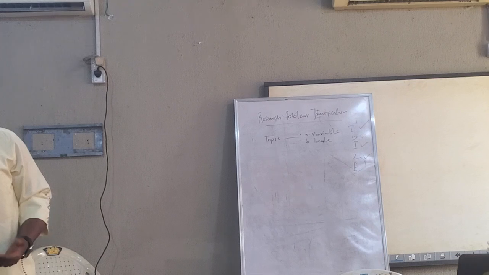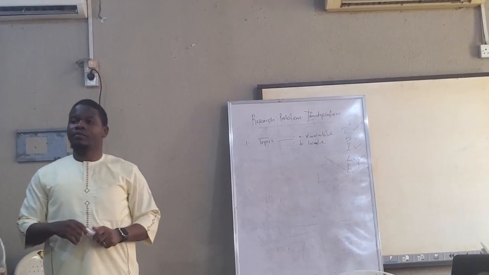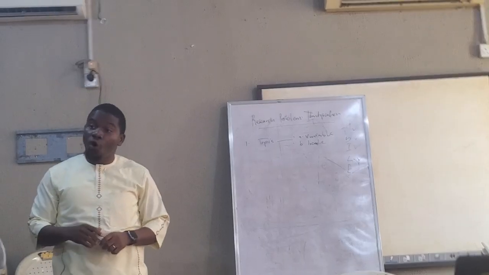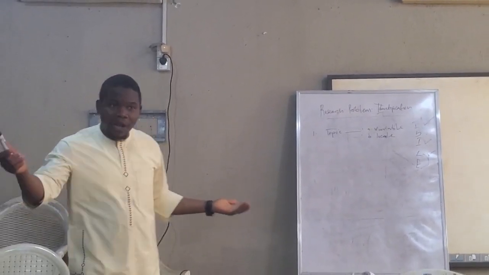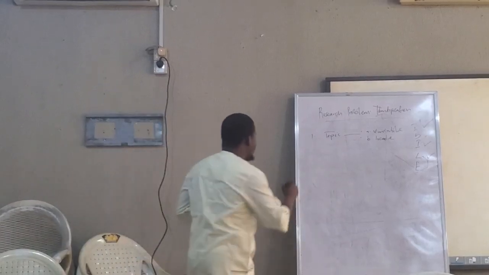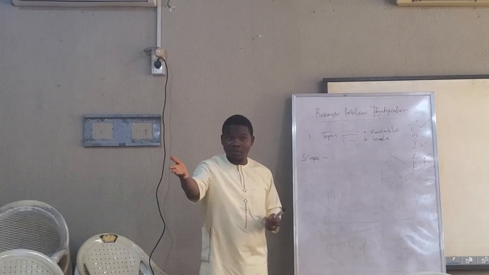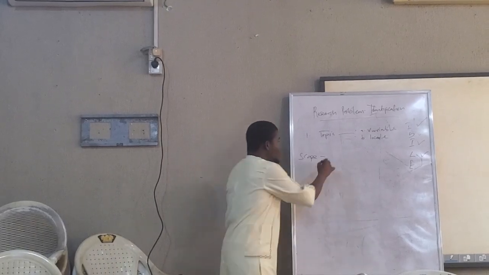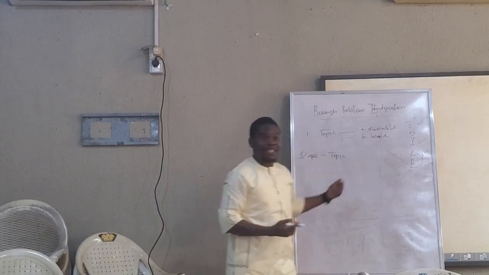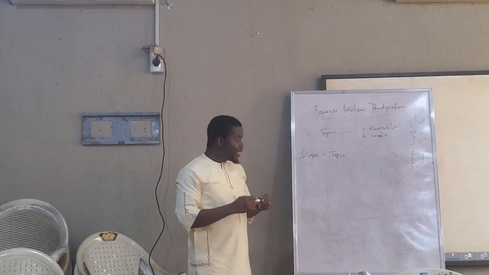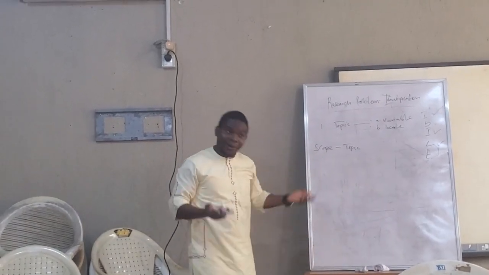You have a question? Okay. Looking at this locale, is it the same as scope? Let me answer your question. When you are looking at scope, your scope will be coming from your research problem. You look at topic scope, and under topic scope you'll be talking about variable and locale. Locale is known as geographical area, locality.